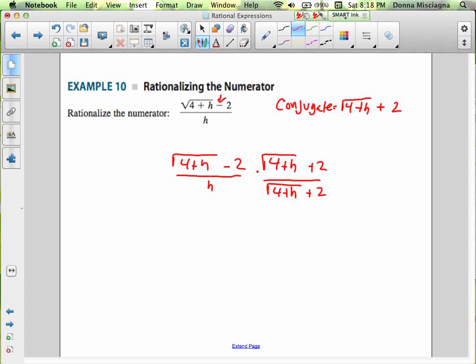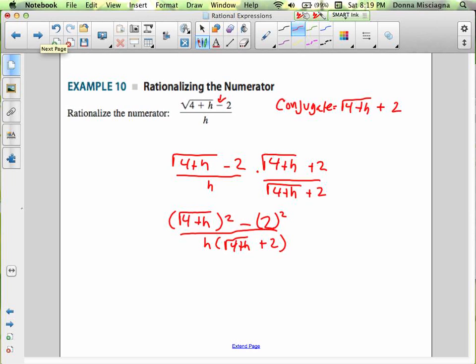In the numerator, the middle terms would drop out. You can see they'd be opposites of one another. So we'll have the first one squared, the square root of 4 plus h squared, minus the second one squared. In the denominator, we'd have h times the square root of 4 plus h plus 2.